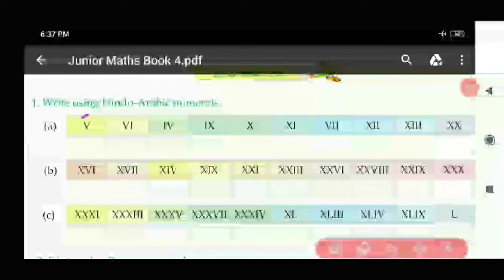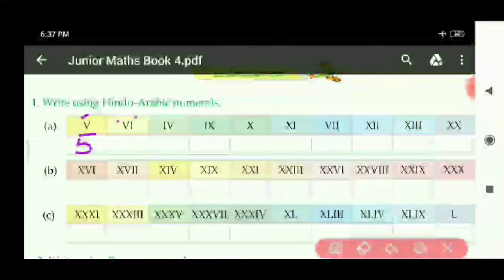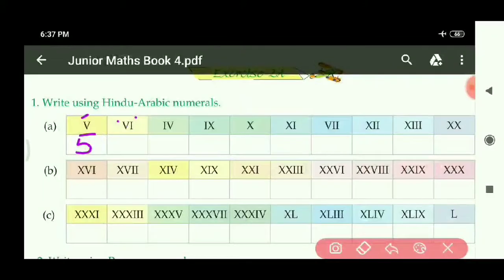V. I told you V stands for 5. And VI stands for 6. How? V is 5 and I is 1, and clearly we can see the larger numeral before and the smaller after. So here will be plus. So 5 plus 1 will be 6.